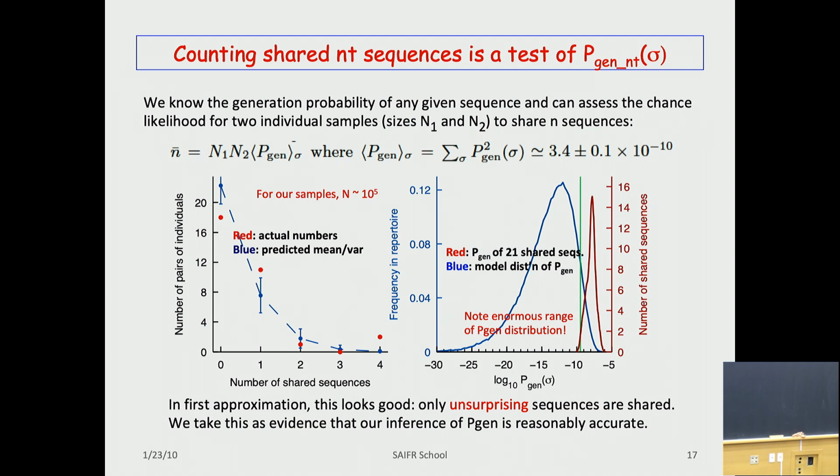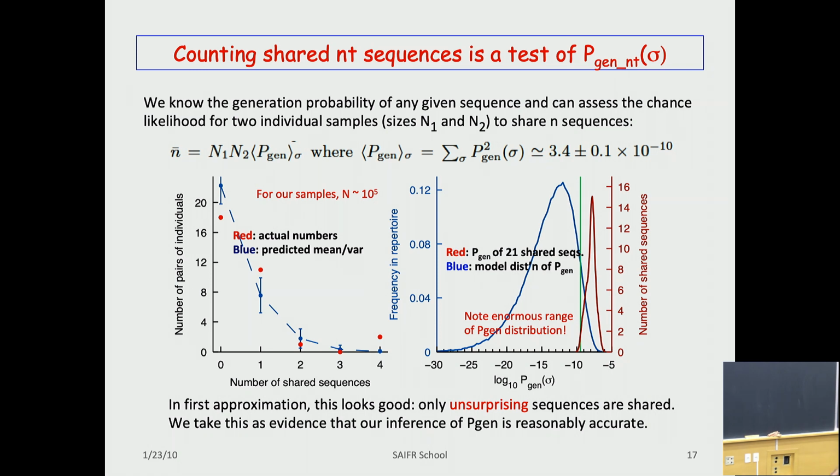What you're doing is performing a kind of correlation sum on the probability distribution. So you notice here the probability of finding pairs. If I have two human distributions and I know the p-gen distribution, and I take N1 samples from human 1 and N2 samples from human 2, I want to know the predicted number of identical sequences in those two.